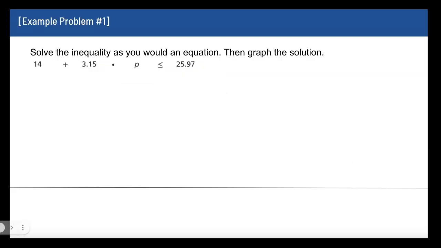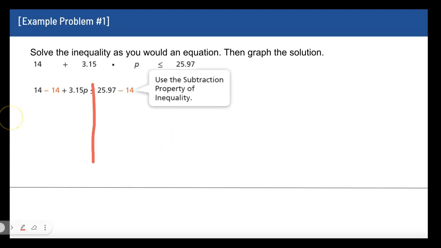Let's now take a look at solving this inequality. As we solve the inequality, we want to draw a line down the center. This helps us know what side we need to do everything. The first thing we are doing is subtracting 14 to get rid of this 14.